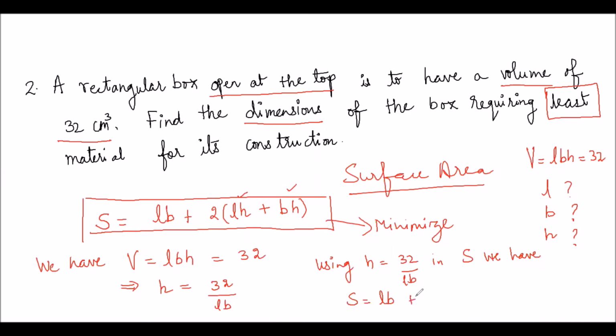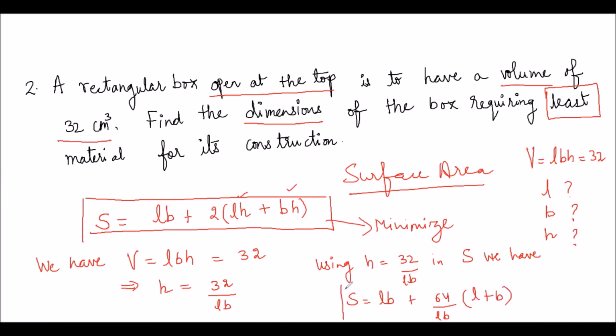So let us take this H outside, it will be 2H, and when we put this H, it will become 64 upon LB because we have 2 here, and we will be left with (L plus B).